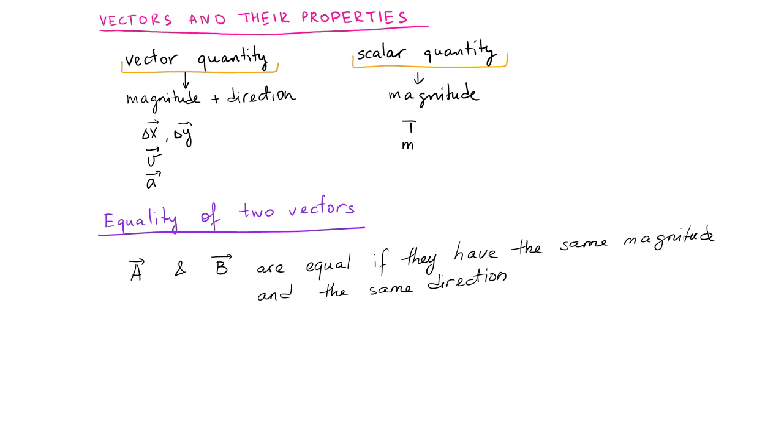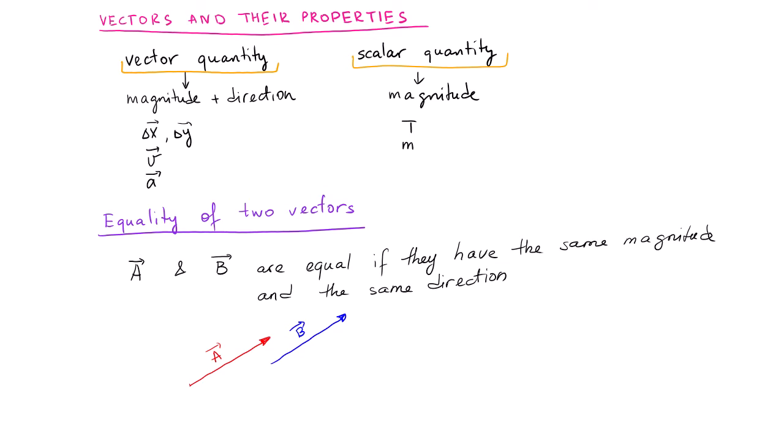So let's suppose vector A has a certain length, a certain magnitude, and this is my vector A. That would be equal to vector B if vector B has the same size and the same direction.